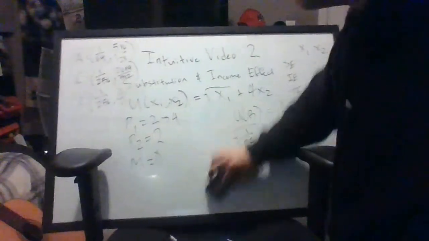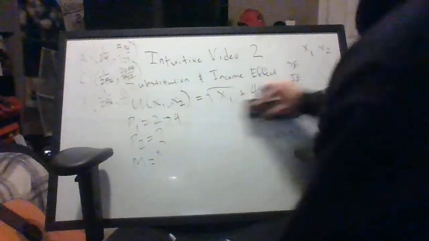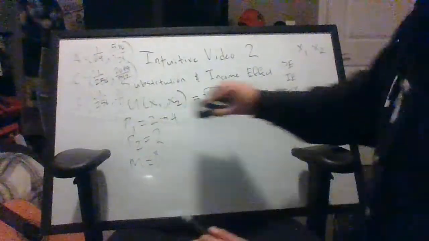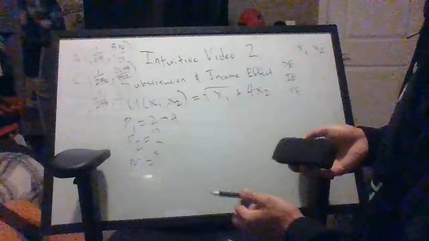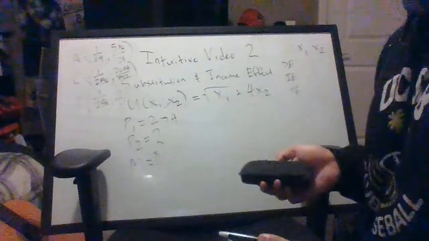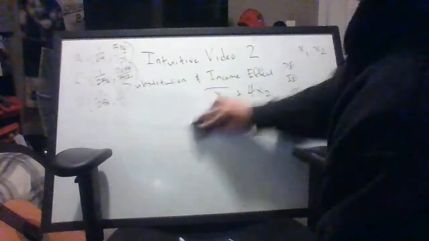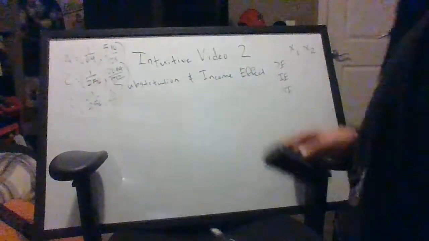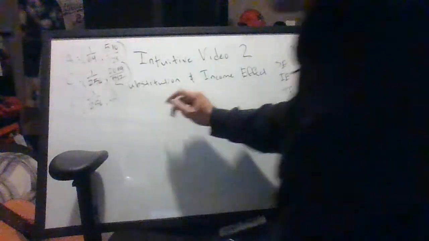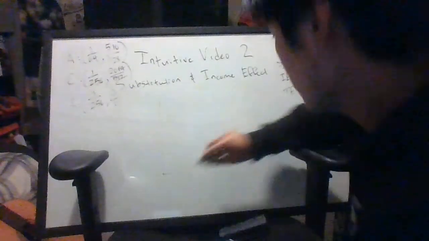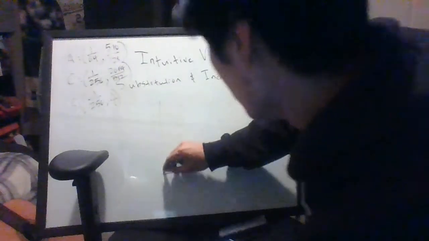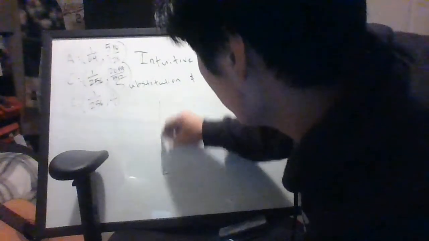Graphically, what this should look like, and I'm not going to use this utility function because quite frankly, I don't really even know how to draw a quasi-linear utility function. So let's just draw it with Cobb-Douglas because those are the easiest to draw. So here we have it, and it looks like my marker is failing me.